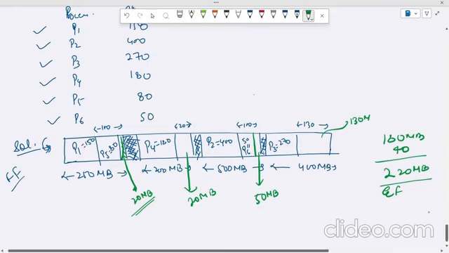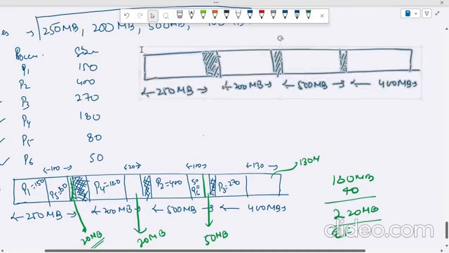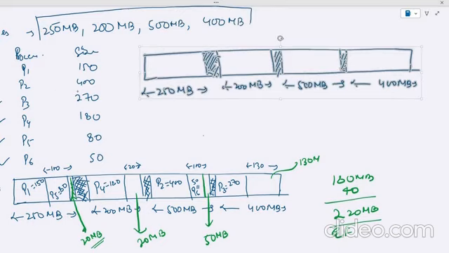Now let's solve this question by best fit. Start from the beginning. P1 needs 150. In best fit, whichever space is most closely aligned to the process, we provide that space to that process.